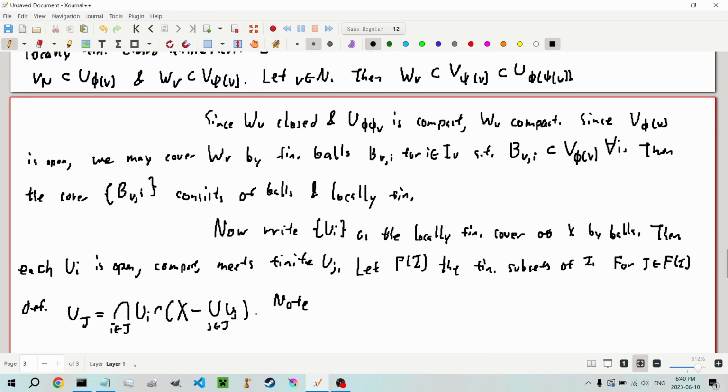Note that X minus the union of our U j is open and compact. If J is empty, this is trivial.